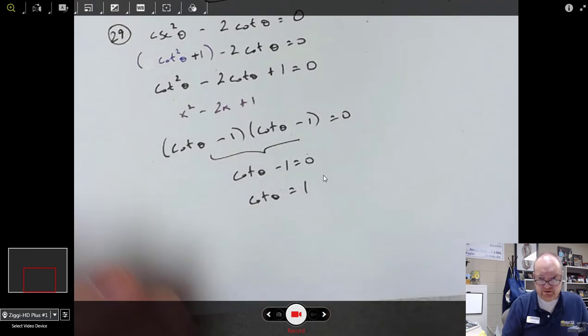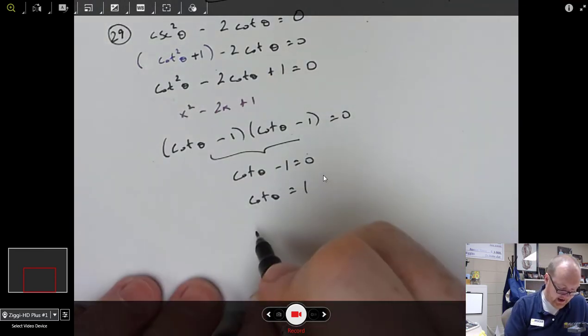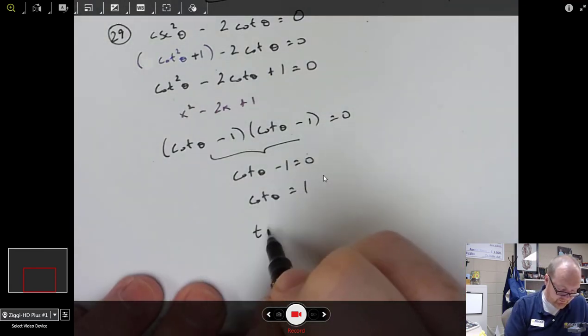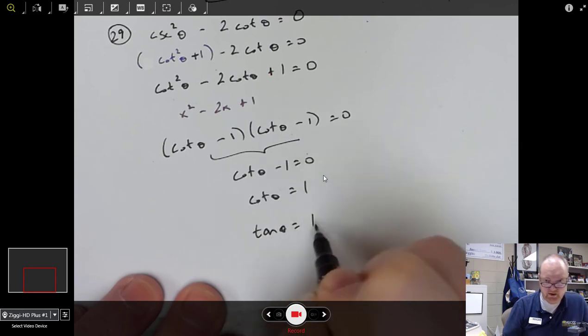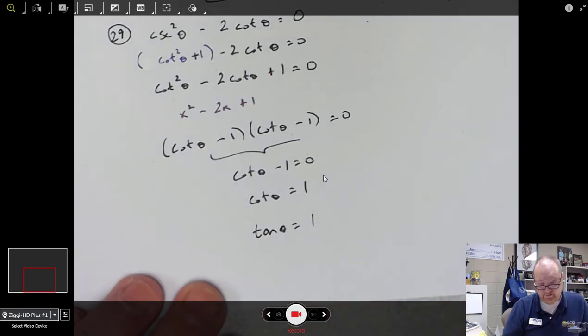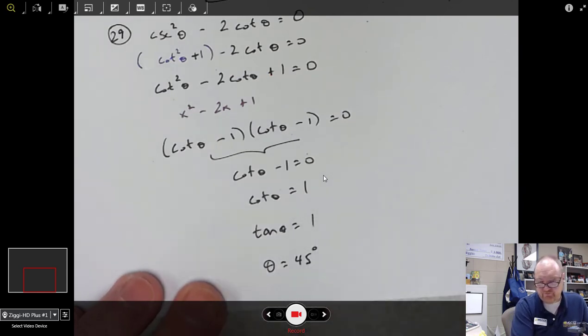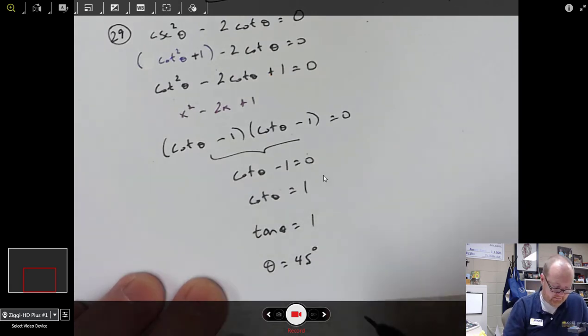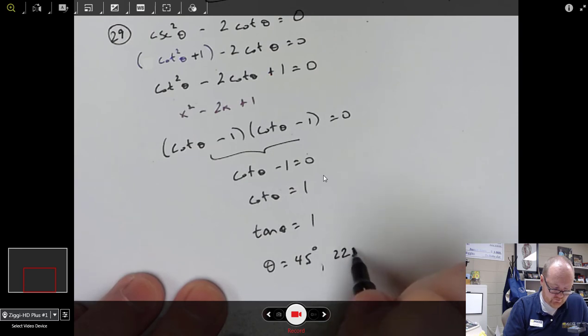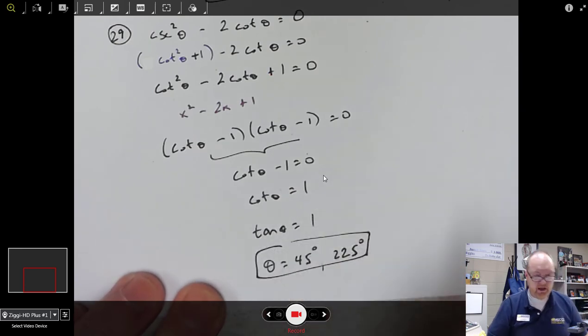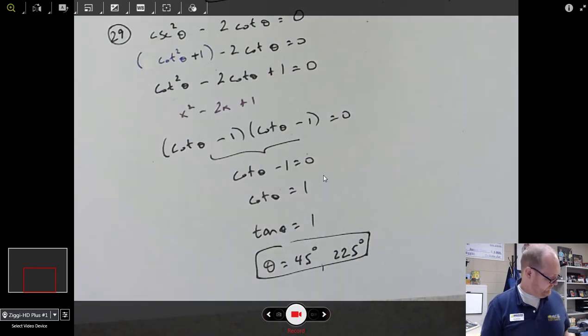And so as I've mentioned to you already this morning, I don't like to think in terms of cotangent. I'll think in terms of its reciprocal, which is also 1 in this case. So places where tangent is 1 has a reference angle of 45 degrees in quadrant 1, and then in quadrant 3, what's that going to be? 225 degrees for that.